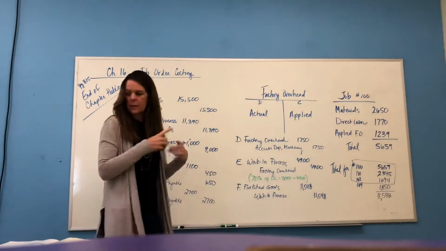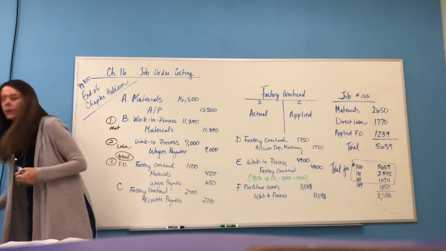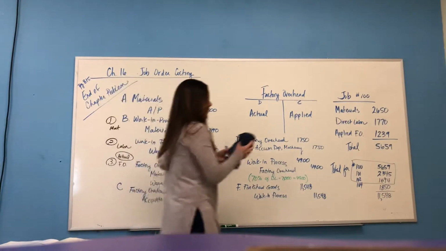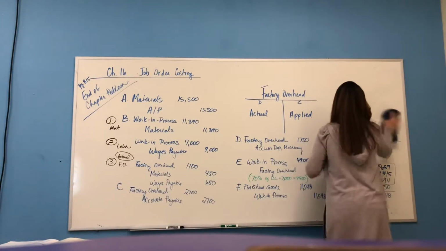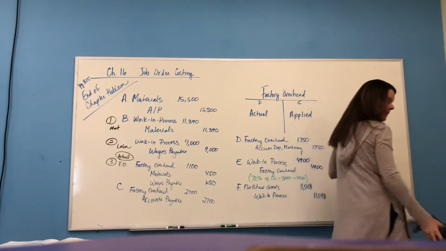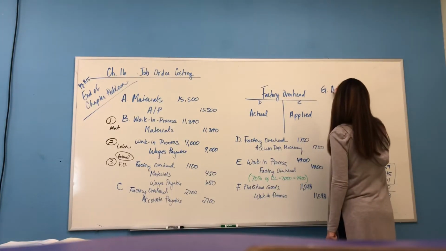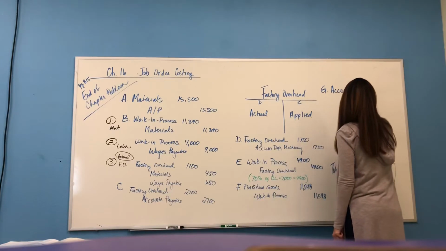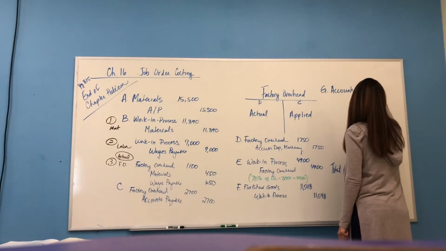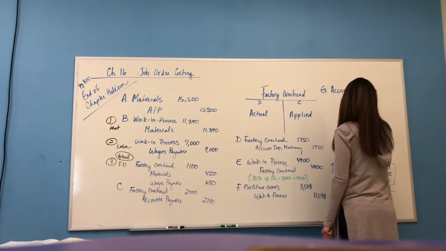So I'm actually going to come over here. In G, I'm going to debit accounts receivable, credit sales revenue.